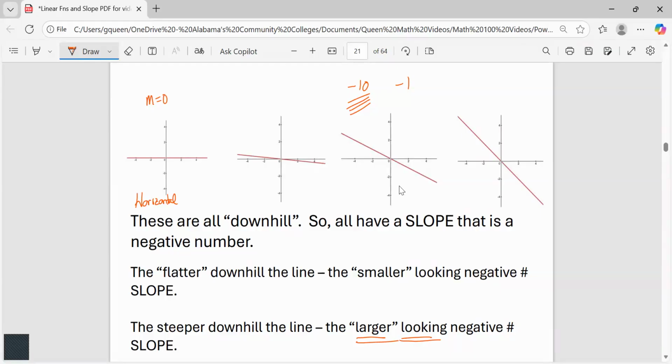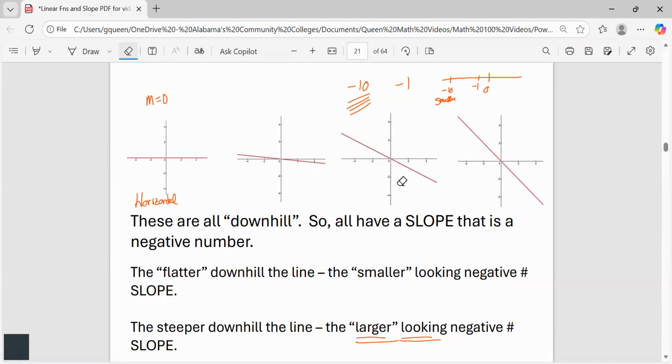Okay. In fact, it's not a larger number though, because on the number line, -1 is over here close to 0 and -10 is down here. -10 is actually smaller in quantity than -1 because it's further to the left on the number line. So the wording here can be a little bit confusing.